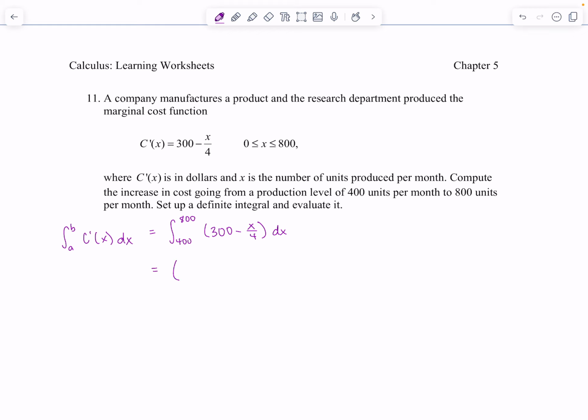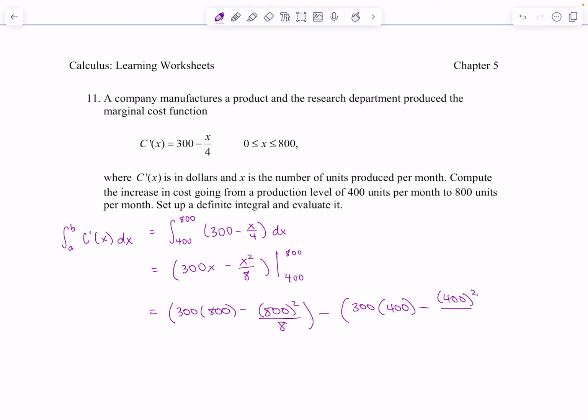So our antiderivative will be 300x minus x squared over 8, evaluated from 400 to 800. And so we'll have 300 times 800 minus 800 squared over 8 minus 300 times 400 minus 400 squared over 8.